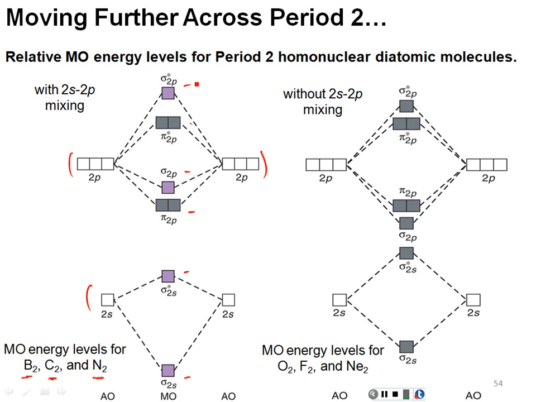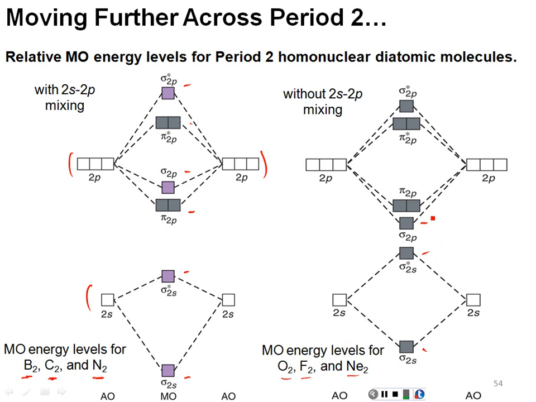Now from nitrogen to the right in the periodic table, so for oxygen, fluorine, and neon, you don't have sp mixing, so the pattern changes. You have sigma 2s, sigma star 2s, that's the same, but here's where the change occurs.